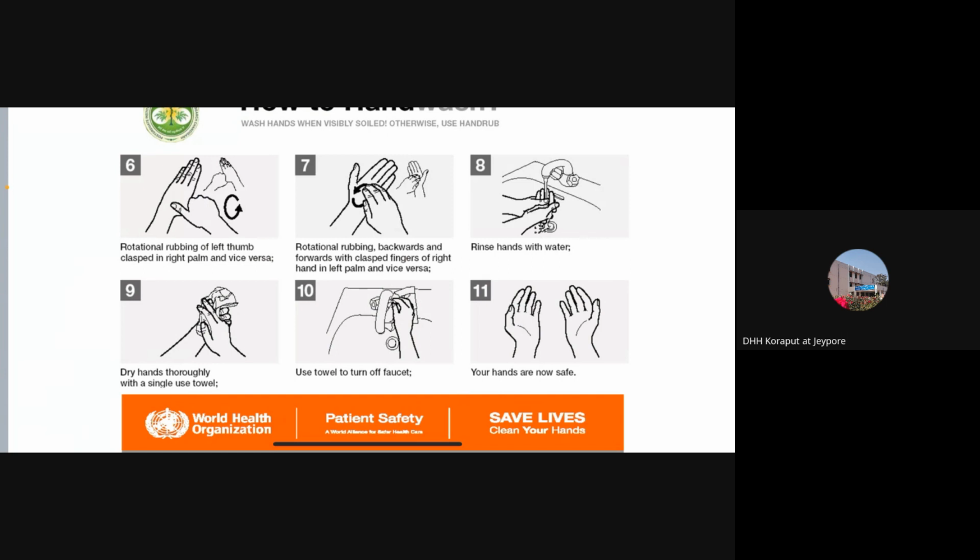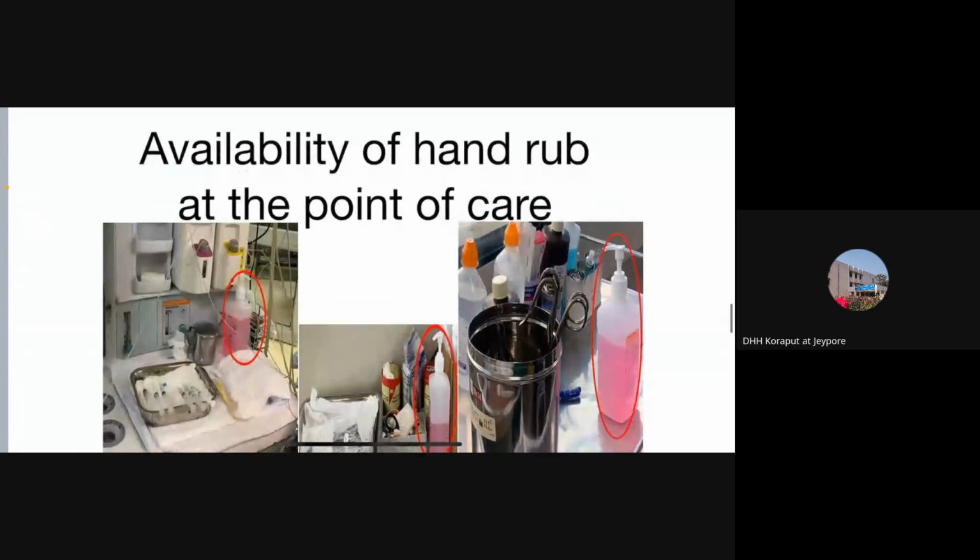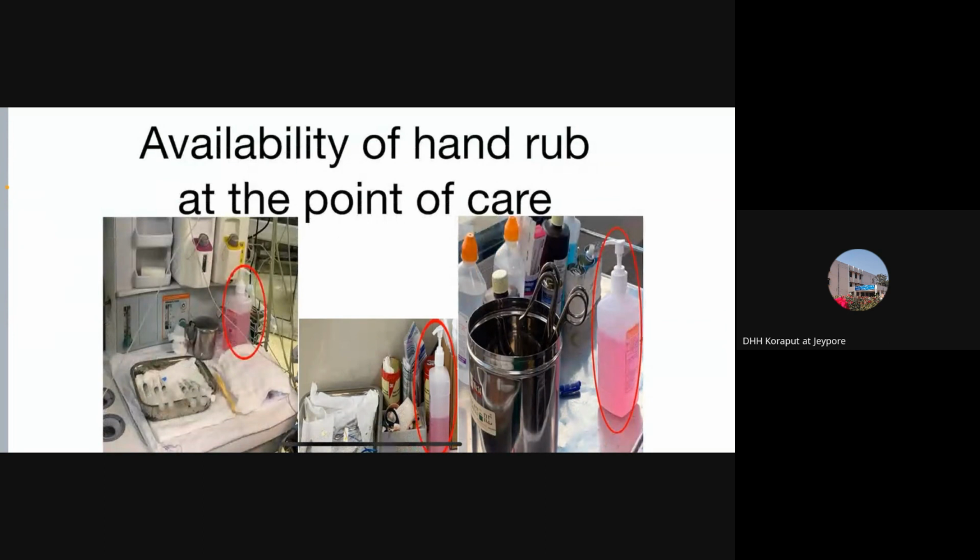And if your hands are visibly soiled, then of course you have to do the hand wash only. But if you just want a simple procedure, then hand rub using an alcohol based hand rub, and that is why the hospital should ensure that there is availability of hand rub at the point of care.